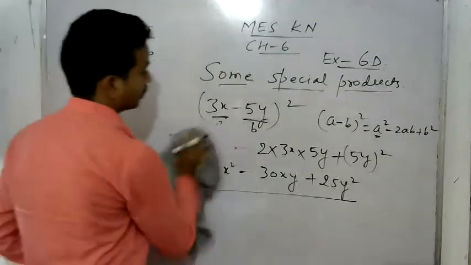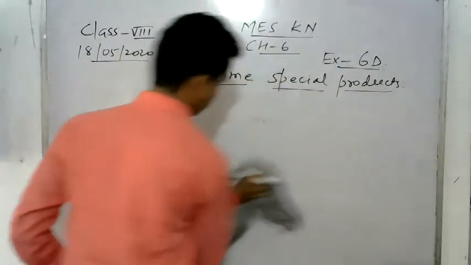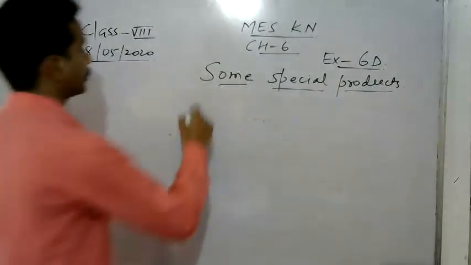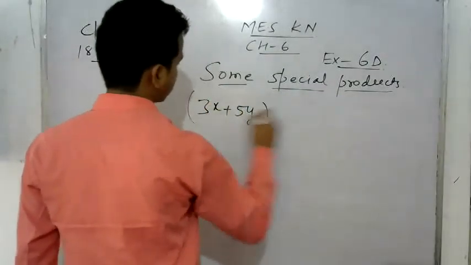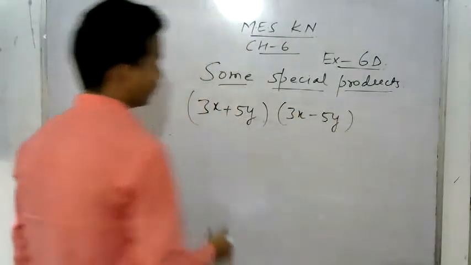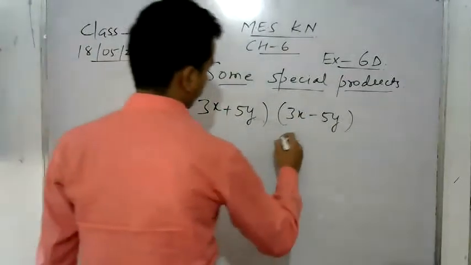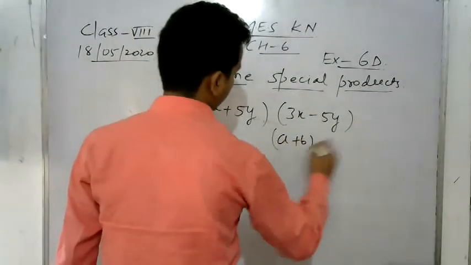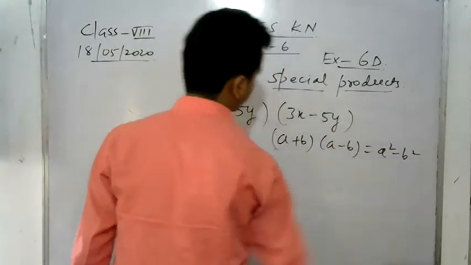Now let's see the third one. Suppose (3x plus 5y) into (3x minus 5y). Here we have to apply the formula of (a plus b) into (a minus b). We know that it is a square minus b square.